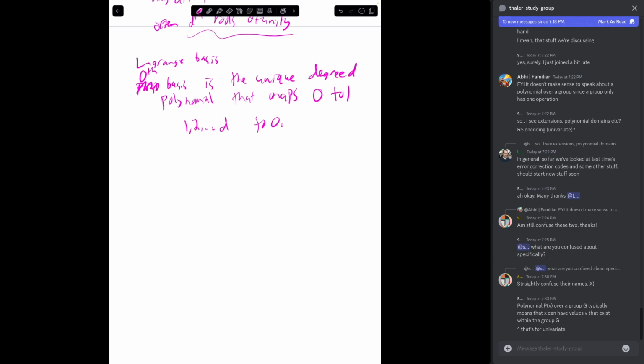But in general, consider the ith Lagrange basis polynomial.